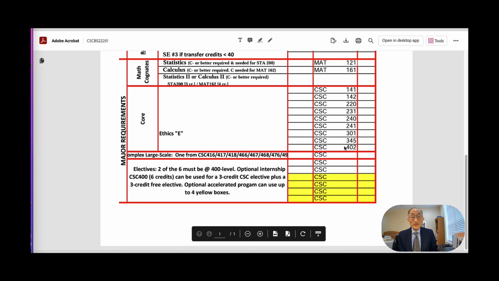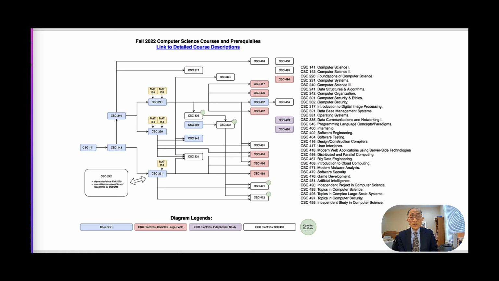Now what's left is all computer science courses. Here you find a list of required courses, which are called core courses. You have to take all of them. Then there's a group called complex large scale. What courses can be considered complex large scale courses?